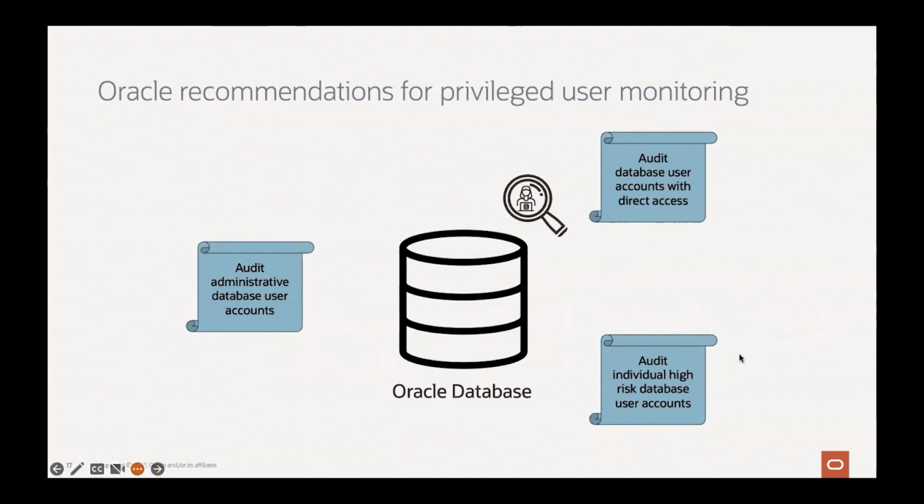And then there are categories like high-risk database user accounts, because they do have access to your sensitive data, or there could be third parties in your environment who have access to your internal system, which we categorize as high-risk database user accounts. Now we'll see for each of them how you can start configuring them.